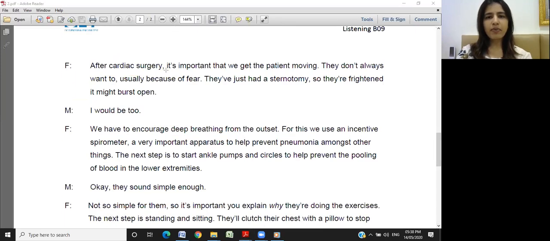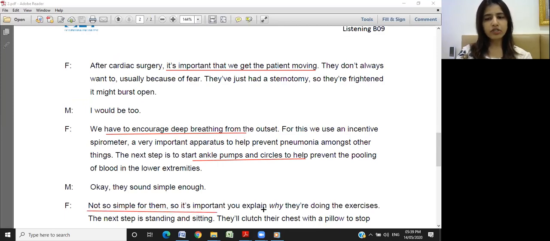Started with, it is important that we get the patient moving. We have to encourage deep breathing from the outset. The next step is to start ankle pumps and circles. Okay? And when the trainee said it sounds simple enough, the physiotherapist emphasized not so simple for them.